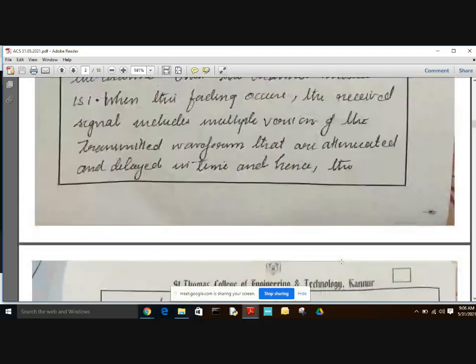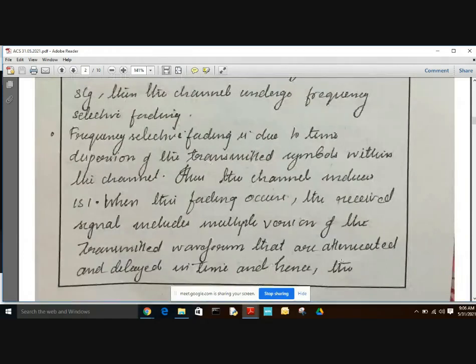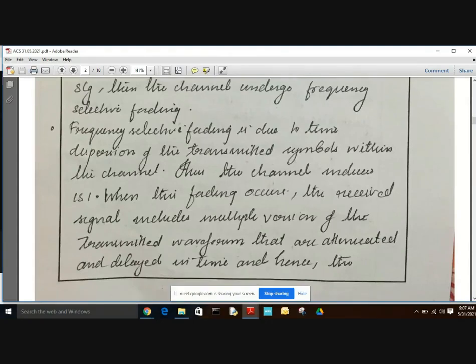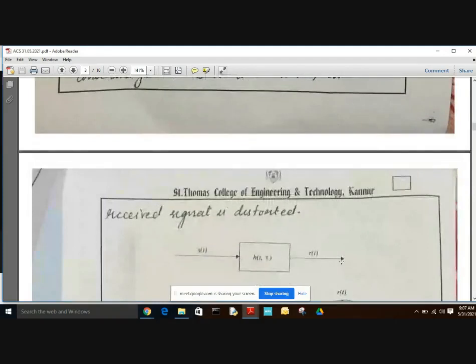So due to this, when this fading occurs, the received signal includes multiple versions of the transmitted waveform. That is, multiple versions here indicate the reflected, refracted, and scattered components, which are attenuated and delayed in time, because the arrival time of all these multiple components is different, and hence the received signal is distorted.